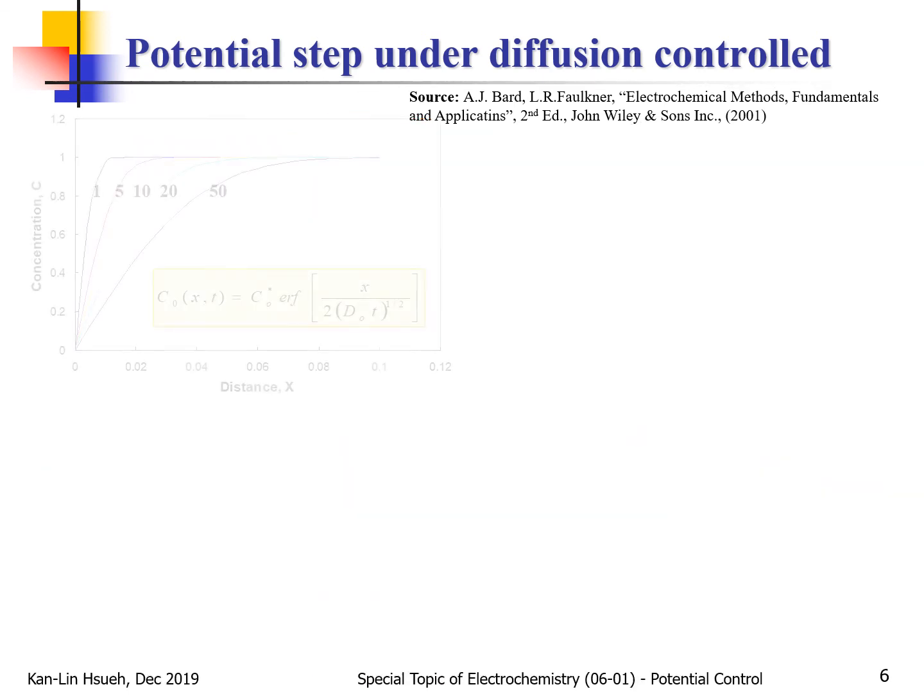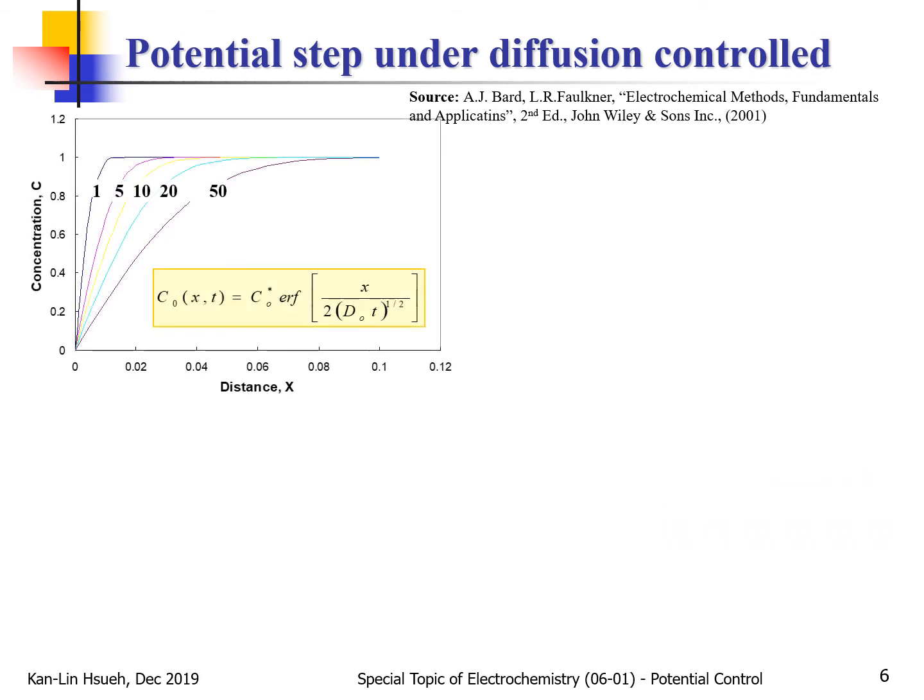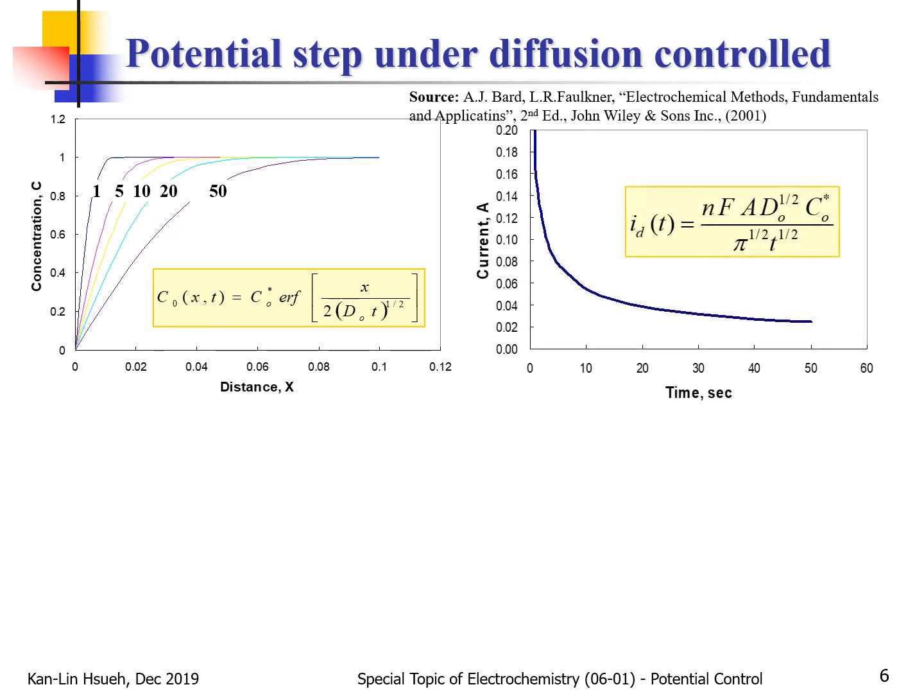This calculates the concentration profile at different times as a function of the distance x from the electrode, and this is the plot of the diffusion mass transfer controlled limiting current as a function of time over here. So from this equation you can see the I_D. If you plot it against this term, 1 over the square root of pi t, then you end up with a slope.